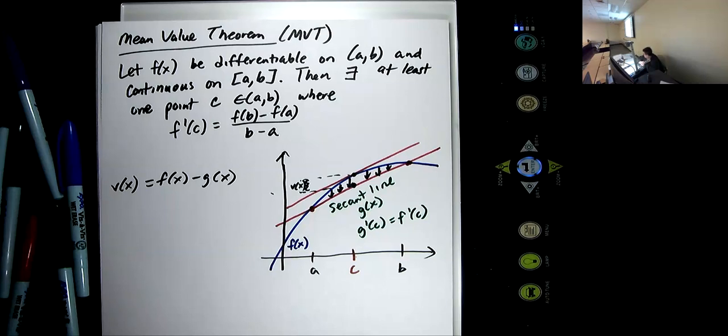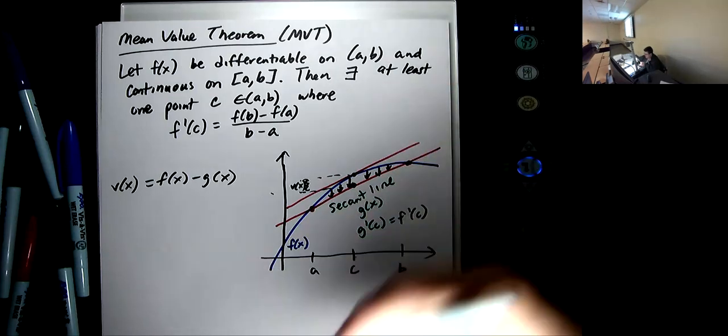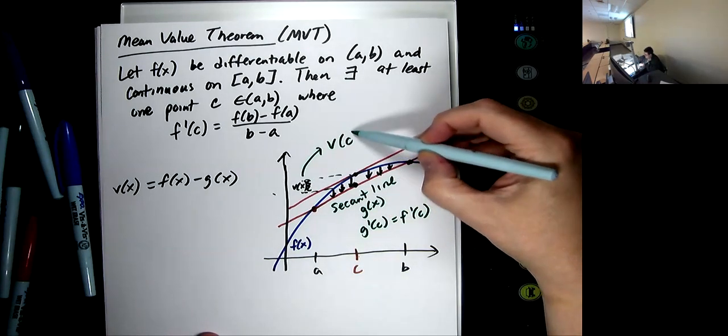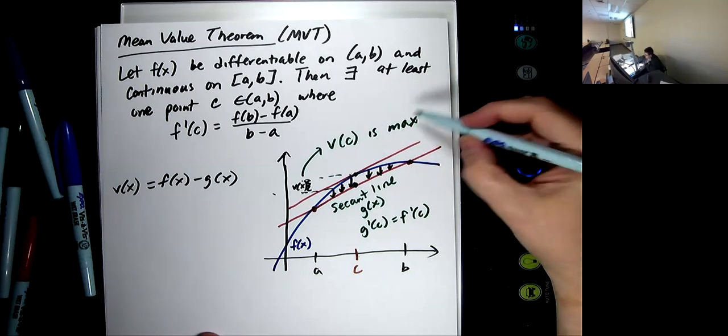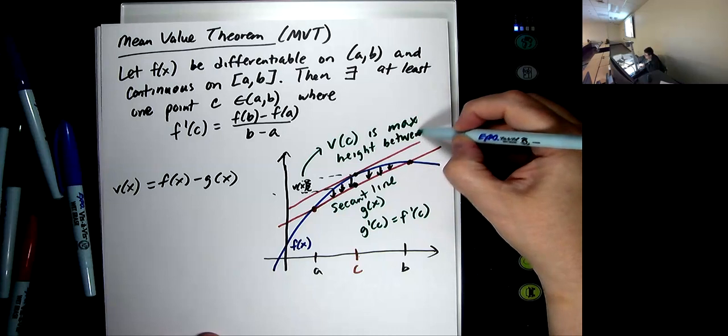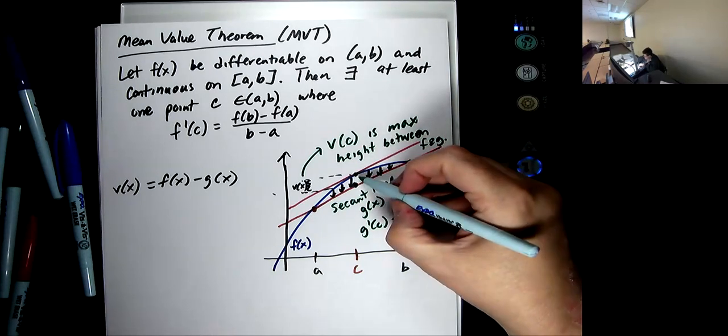And coolly enough, v at C is a maximum, the max height difference between f and g. That's where it gets the biggest, right there.